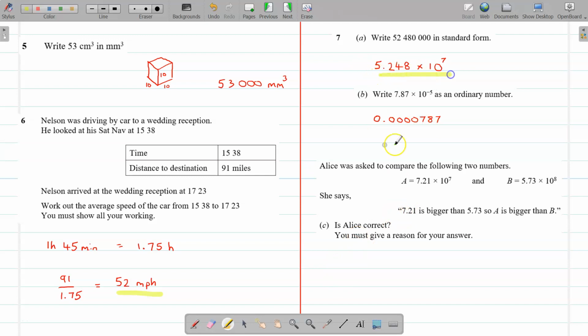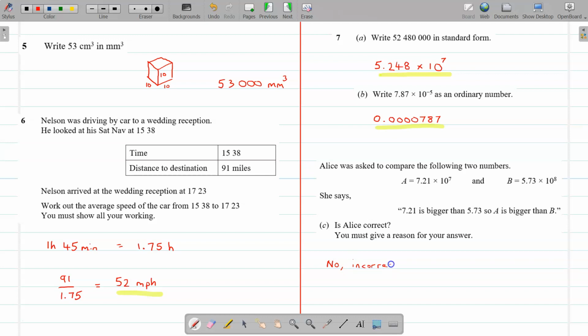Okay, and the next question here is a comparison between two numbers. And Alice is saying that because 7.21 is bigger than 5.73, this number A is bigger than B. Well, of course, that's not the case because B has an extra power of 10. So you just need to say that Alice is incorrect.